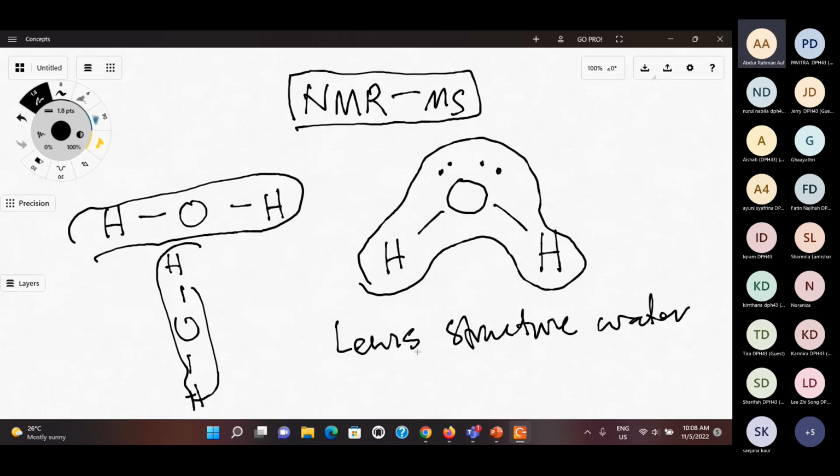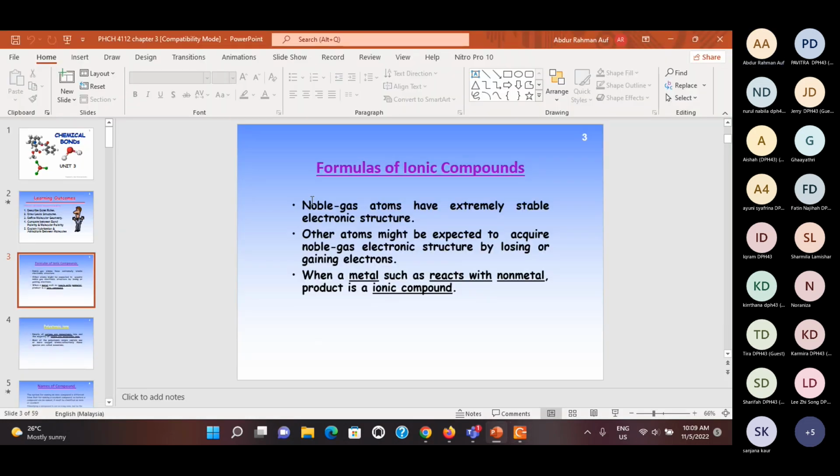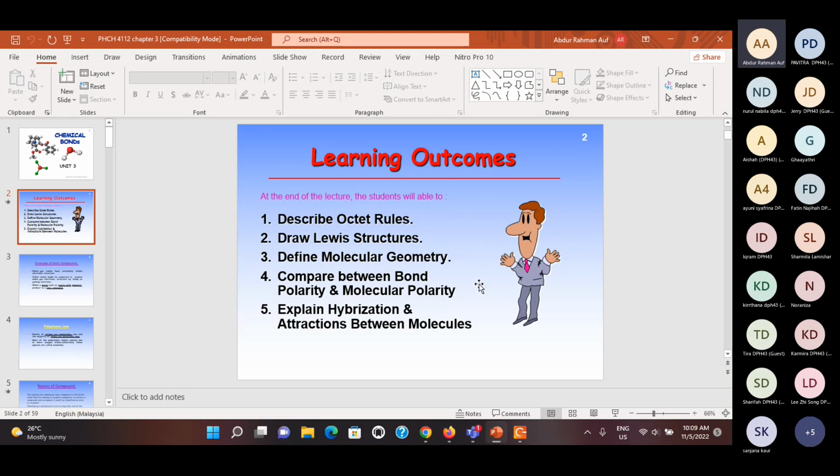So we can explain that by understanding all these things: octet rules, molecular geometry, bond and molecular polarity, dan juga the hybridization between molecules.